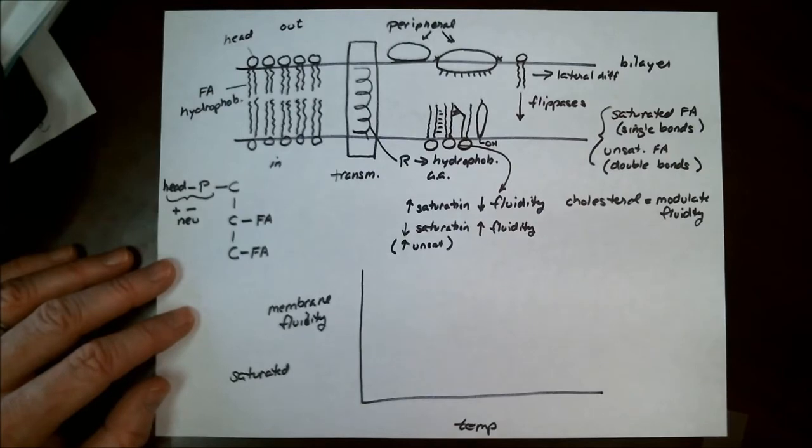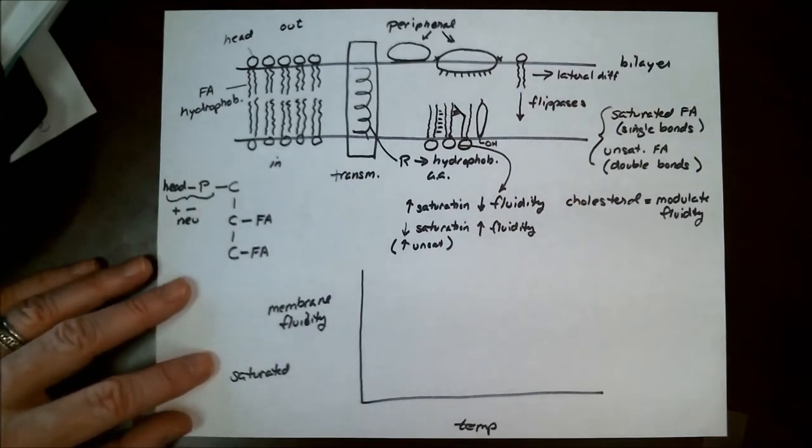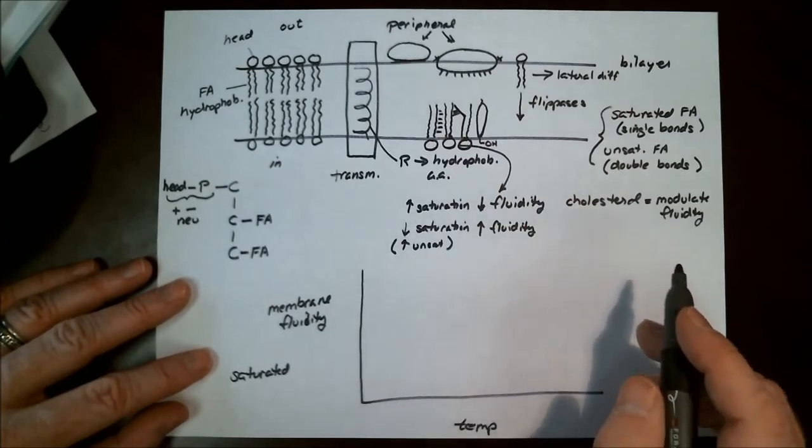When you had a pure substance and you took its melting temperature, you had a very, very sharp transition between the solid and liquid state. That told you that you essentially had one molecular species in the tube. Same thing with saturated phospholipids.